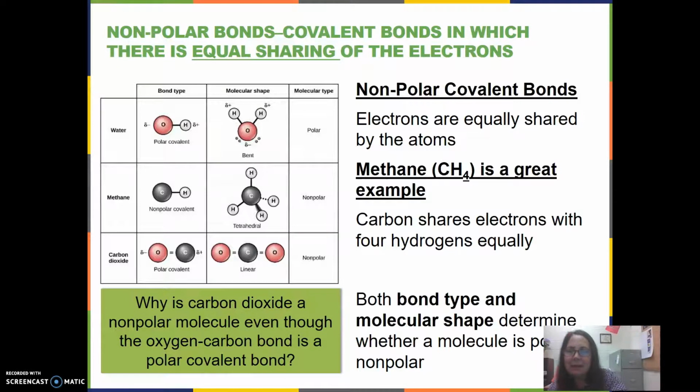Now, methane and carbon dioxide are nonpolar covalent molecules. And that is where the atoms share the electrons. The electrons that are being shared are shared equally. So nonpolar bonds have an equal sharing of electrons.